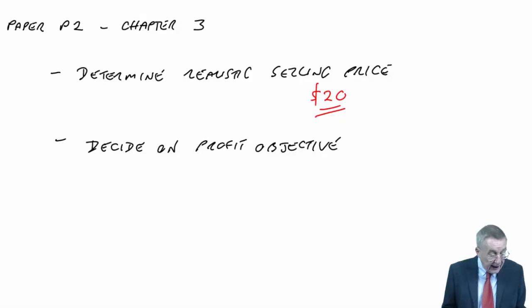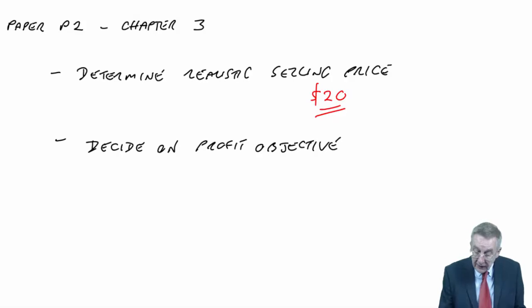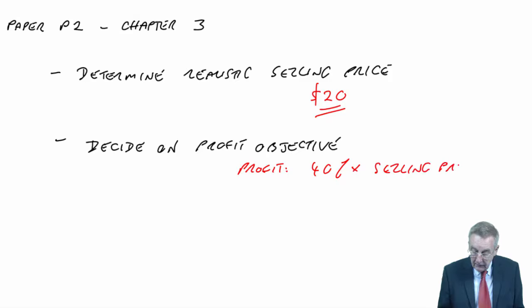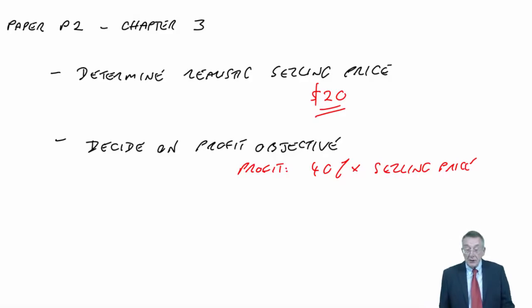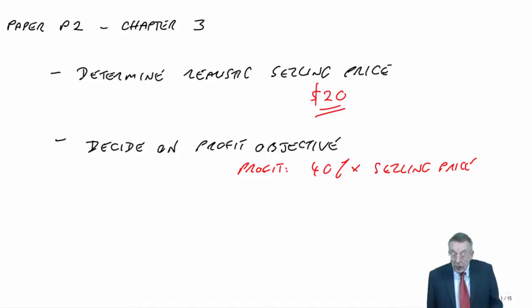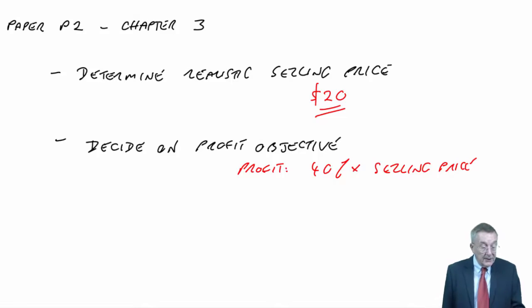But in this particular case, it says we have a requirement that all products generate a gross profit of 40% of selling price. I say there's no rule there. Every company will have its own objectives, so that's a fairly standard one. So realistically we can sell at 20. We want all our products to give us a profit of 40% of selling price.